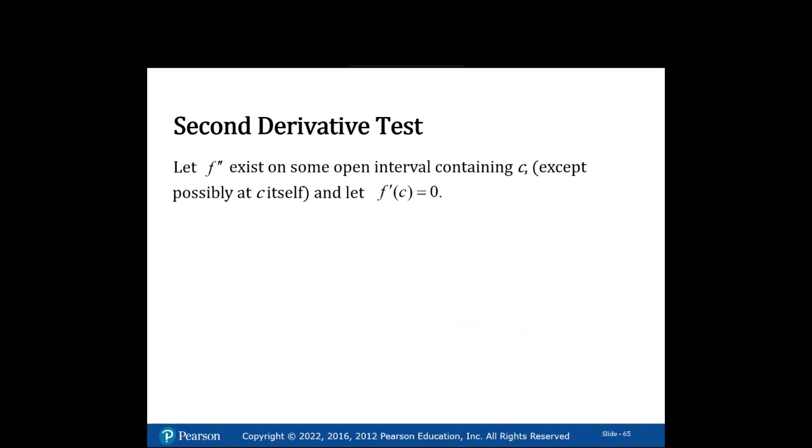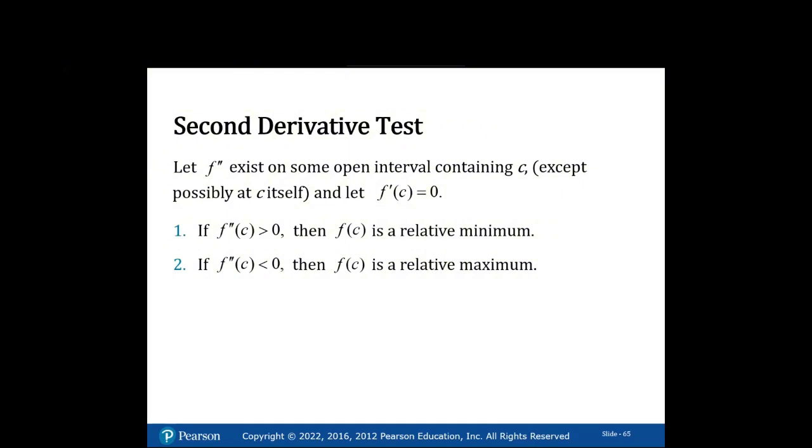Okay, so it's a critical value, right? And we're looking at how does that relate to our second derivative. So if the second derivative of that critical value is bigger than 0, then f of c is going to be a relative min.